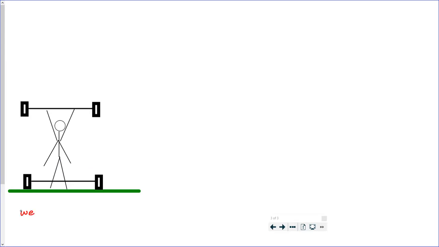Weight is equal to 2000 Newton. Height moved is just 2 meters.